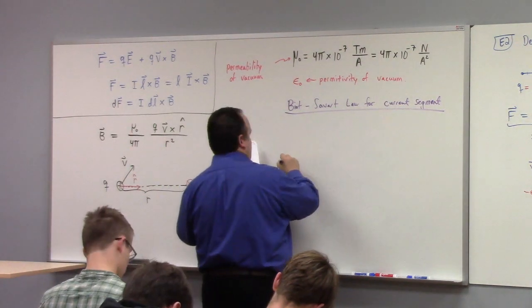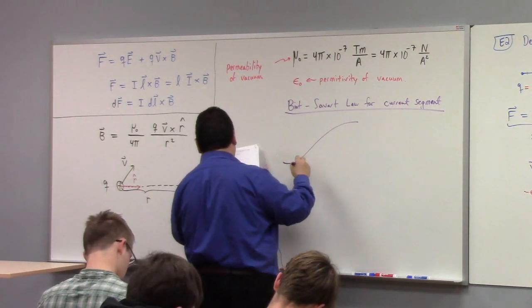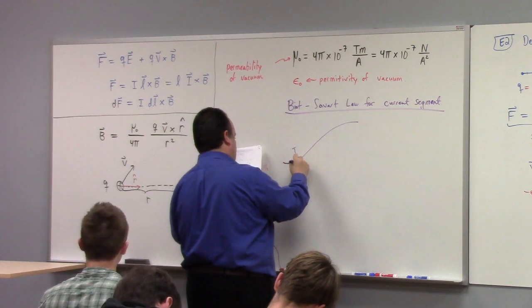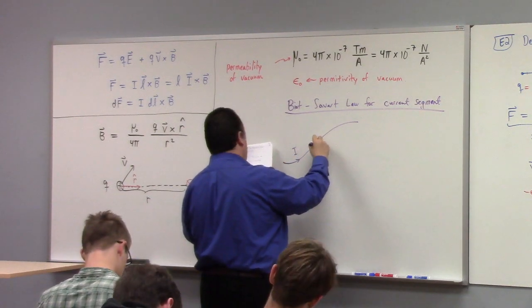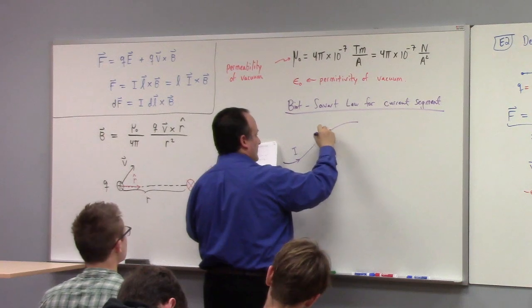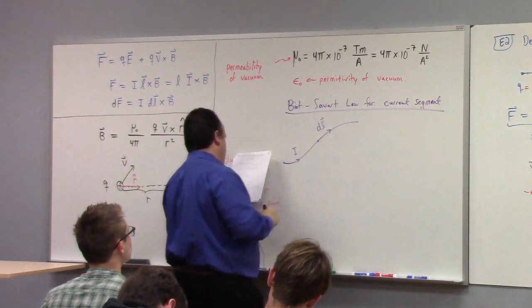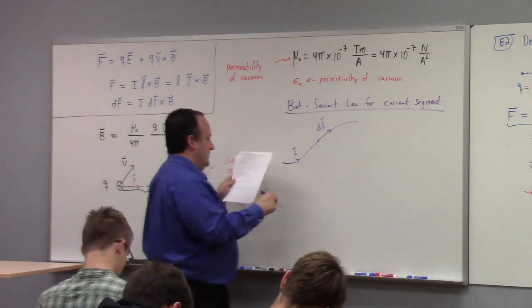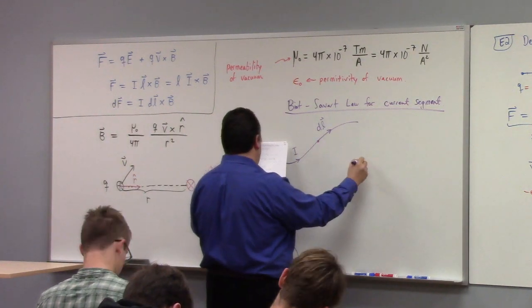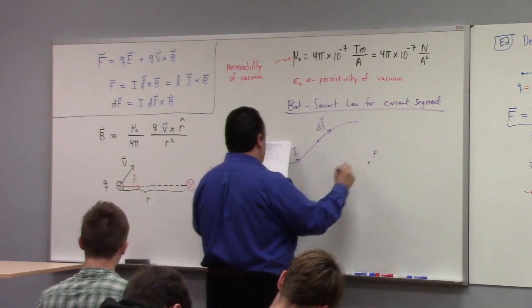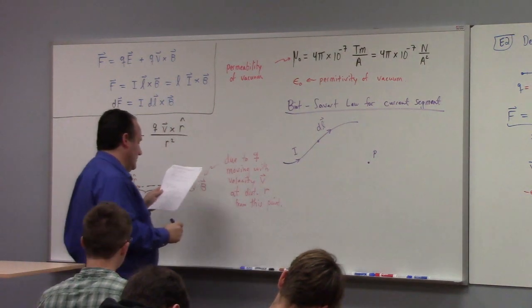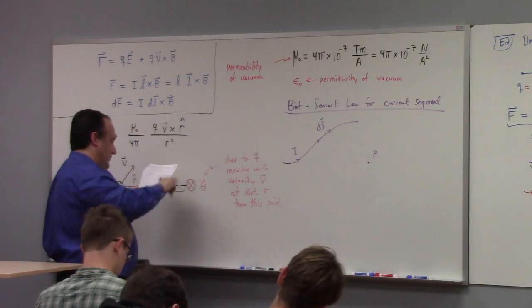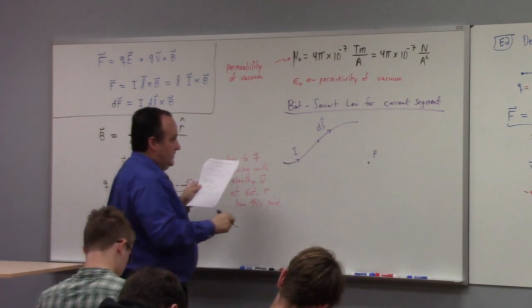If you can imagine a current flowing like so, and right here you think about the infinitesimal line segment going along the current like that, and then you ask, at this point P out here, what's the magnetic field due to that little segment of current?